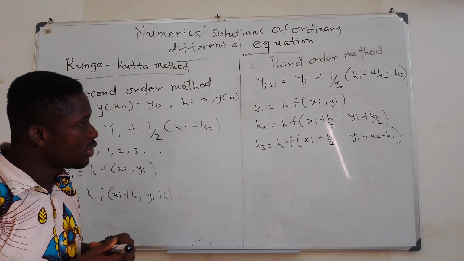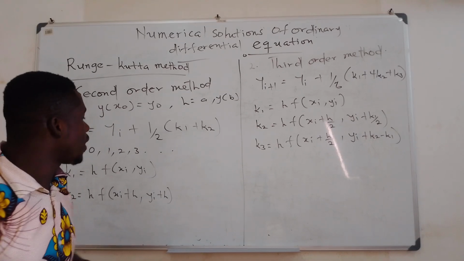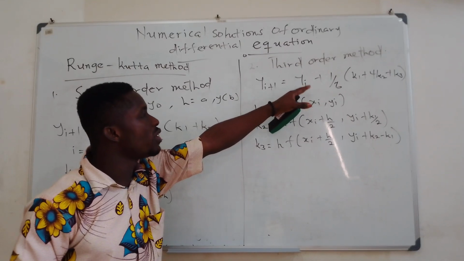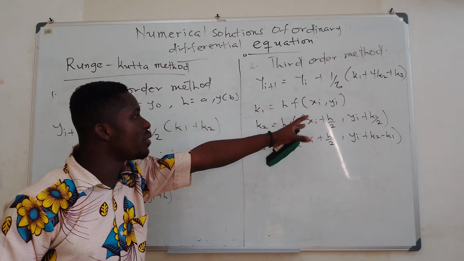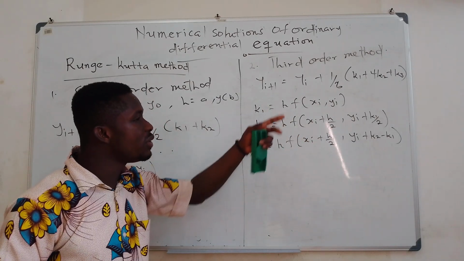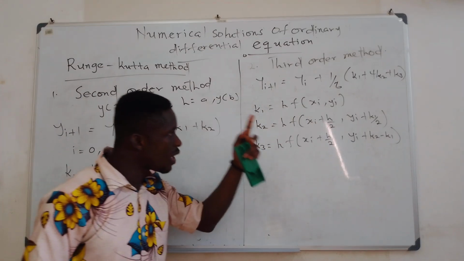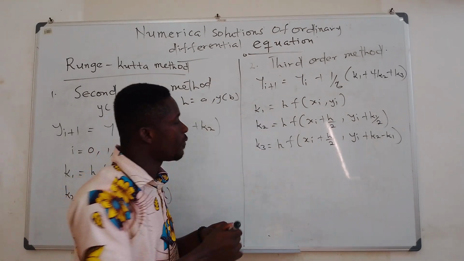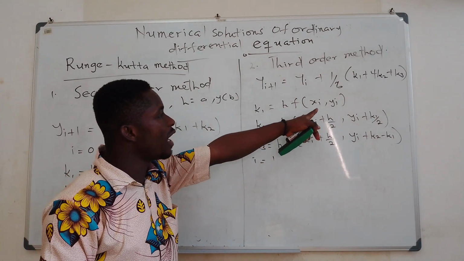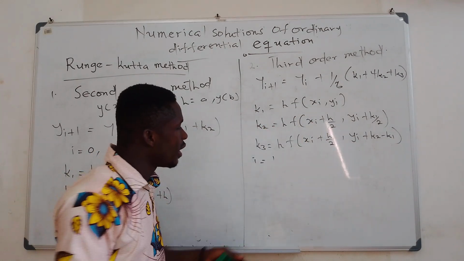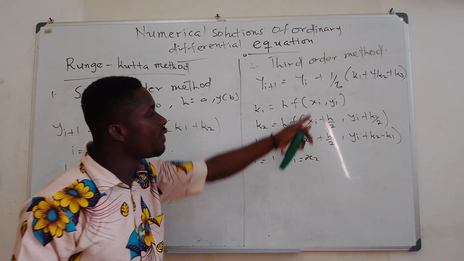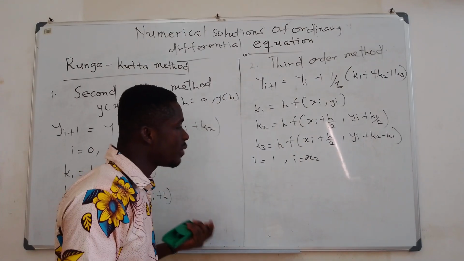But mind you, if we are going by y naught, it means that we are not going to find x1. But assuming we are using i equals 1, it means that we'll be having x1. Assuming i equals 2, it means that we'll be having x2. And how do we find our x1?